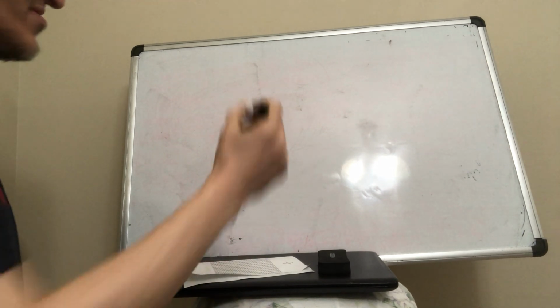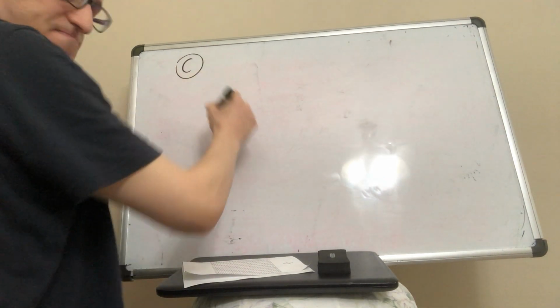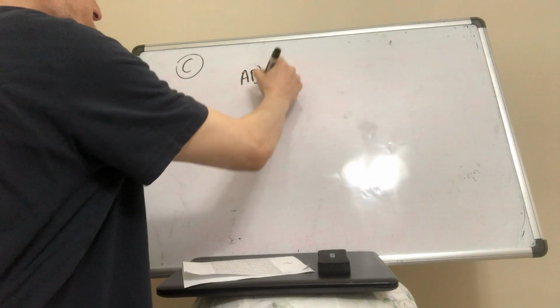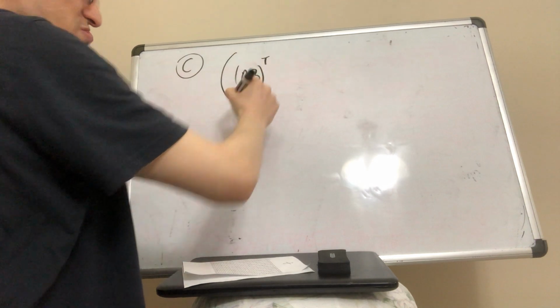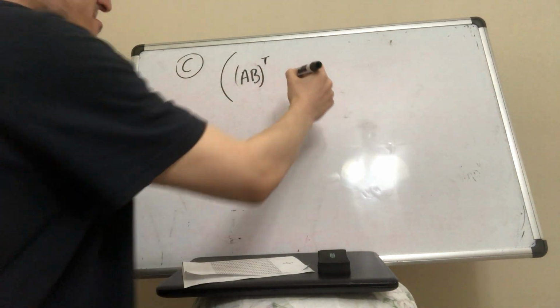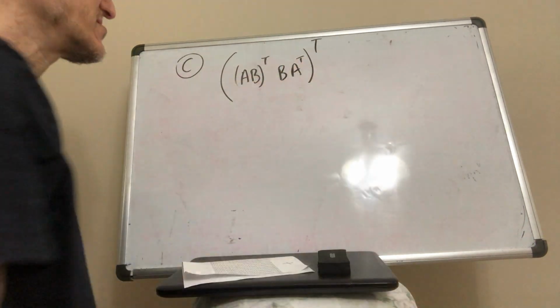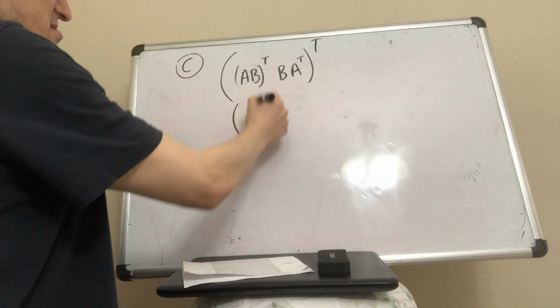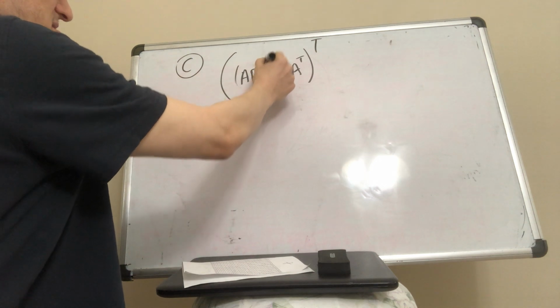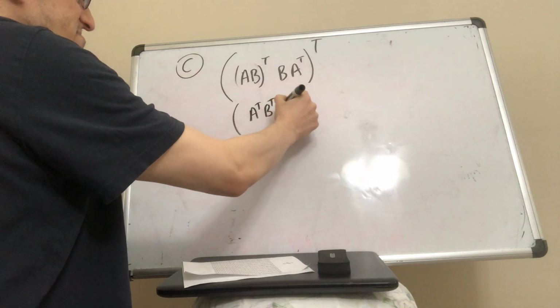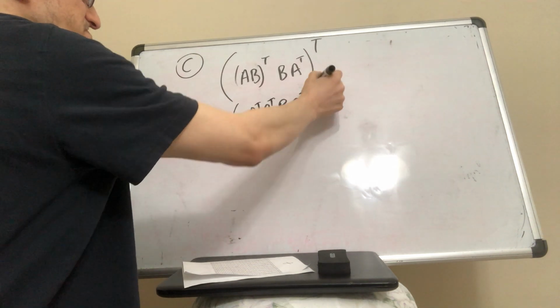And then you got a question C where you need to simplify. Simplifying this, (AB transpose)(BA transpose) transpose. I'll do the inside. (AB transpose) would be A transpose, B times B times A transpose.